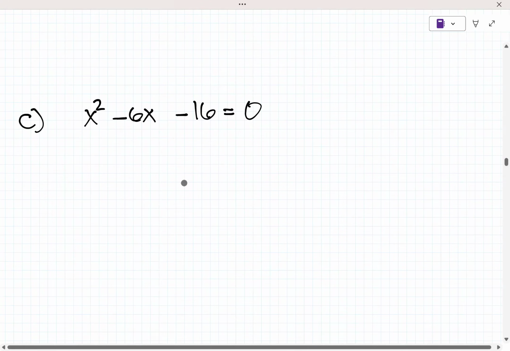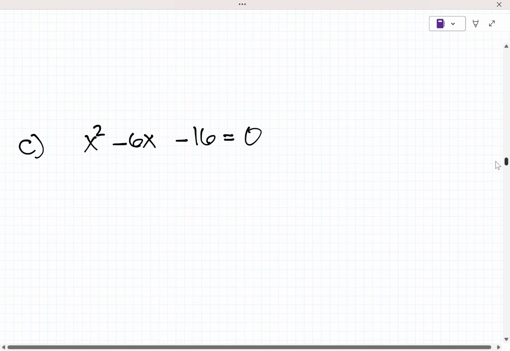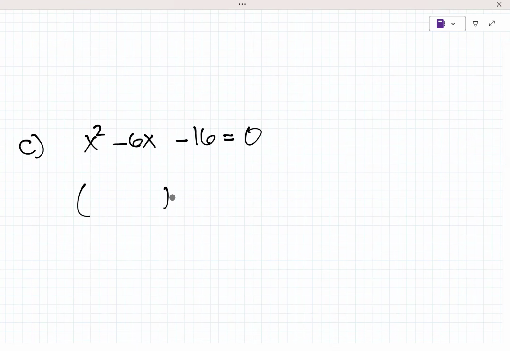Let's do C. So we have x squared minus 6x minus 16. It's really just simple factoring. So write out your two parentheses. Put an x here, x there, and blank space. What two numbers multiply to -16 and when added give -6?